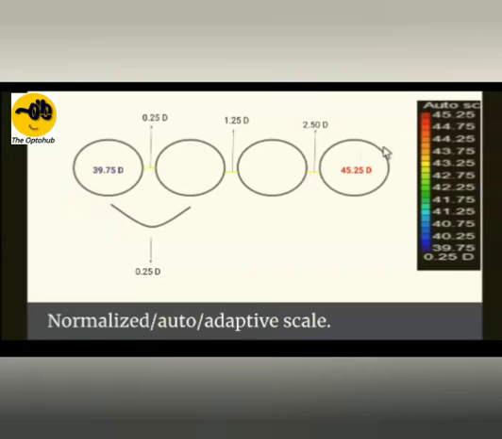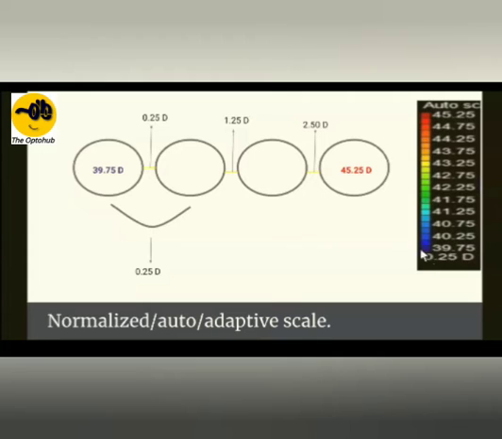Now this auto scale is very smart. It will calibrate its number of shades and the step points accordingly. Because the flattest one is 39.75, it will have its coolest color noted as 39.75, and because 45.25 is the steepest area on the cornea, no matter which region it is in, the auto scale will have its hottest color as 45.25.